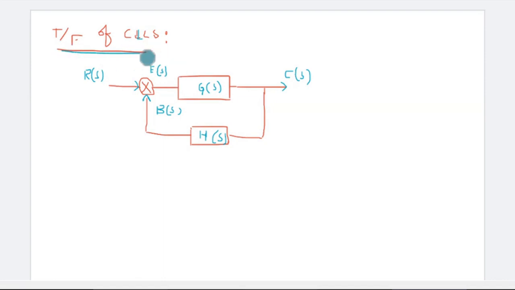Now we are going to obtain the transfer function of the closed loop control system. In brackets, consider a negative feedback system.